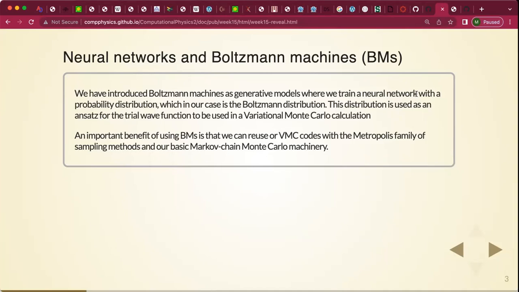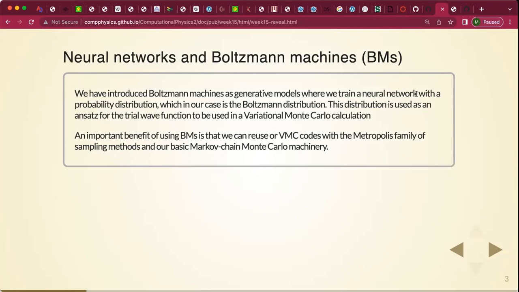This can be a deep network, or it can be a shallow one, like a restricted Boltzmann machine, which we are implementing. The benefit which we have is that this probability distribution is used as our trial wave function, and we can then reuse everything we have done. This is the pedagogical aspect. On the other hand, this brings you in touch with the very active research field of generative models.